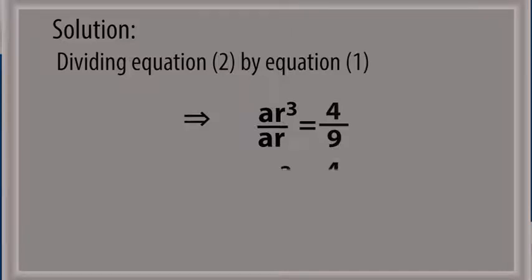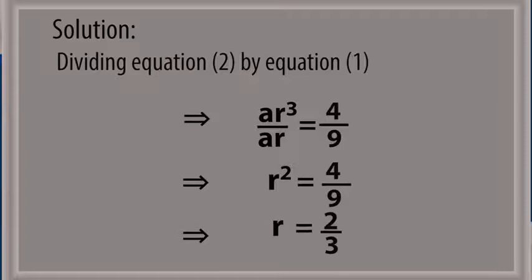So we have r squared is equal to 4 divided by 9. We want to find r, so we have to take the square root of 4 divided by 9, and that will give us 2 over 3. Remember, this answer could be 2 over 3 or negative 2 over 3, but we want to find the positive common ratio. That is why we have r is equal to 2 over 3.